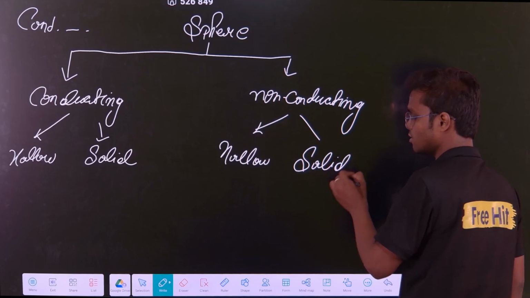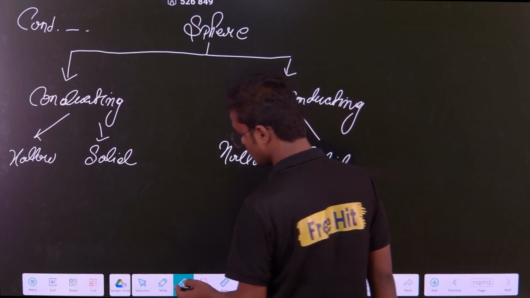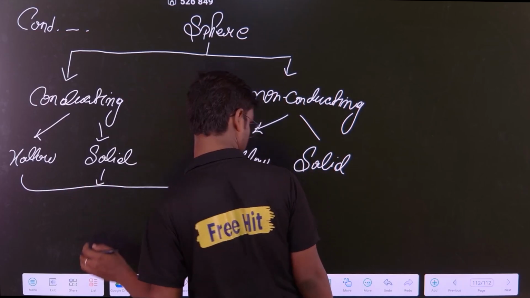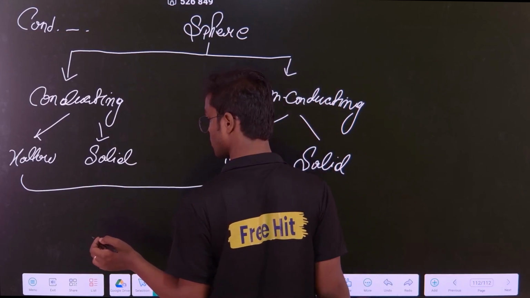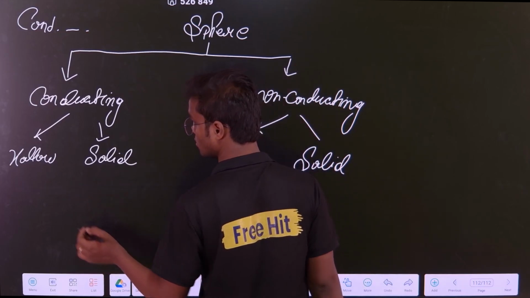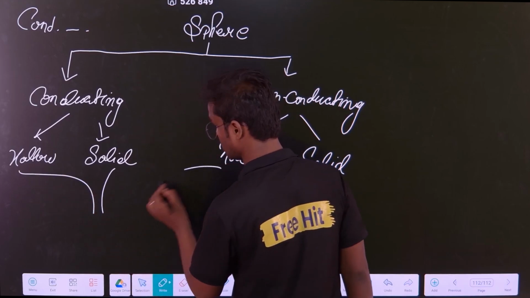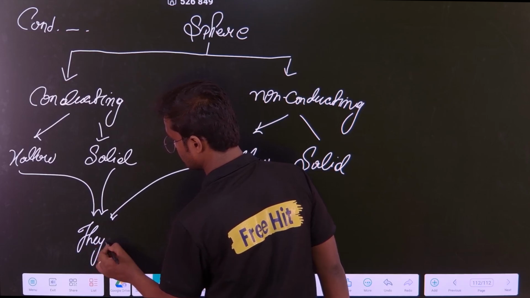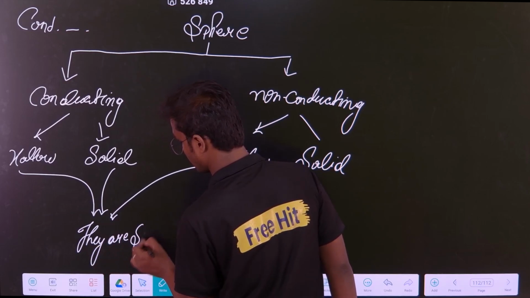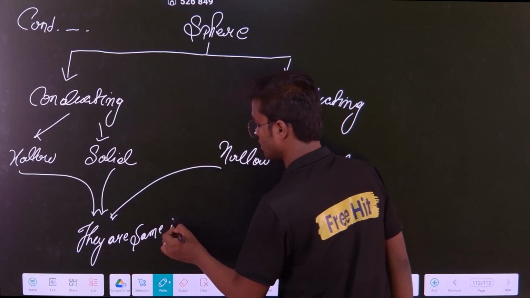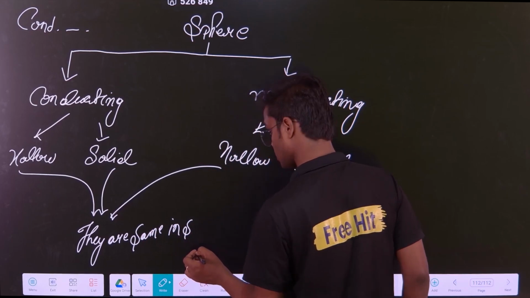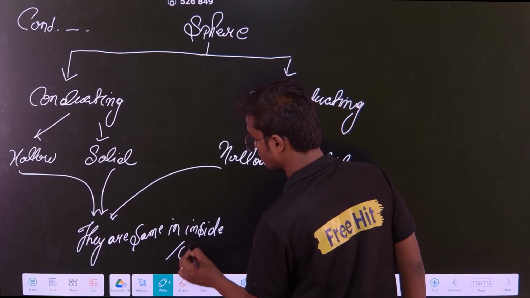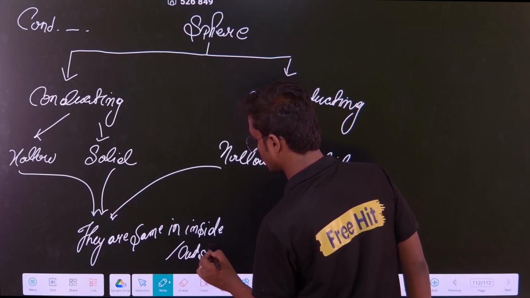And we have seen the properties and the charge distribution in these three cases. In all these three cases, they are the same, inside and outside. Whatever position you take, they have the same properties and everything is the same.